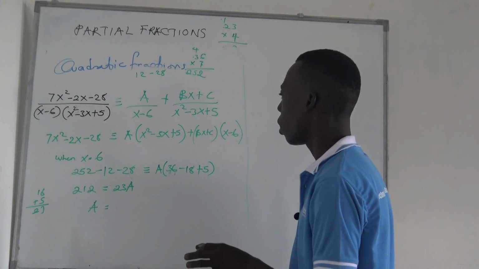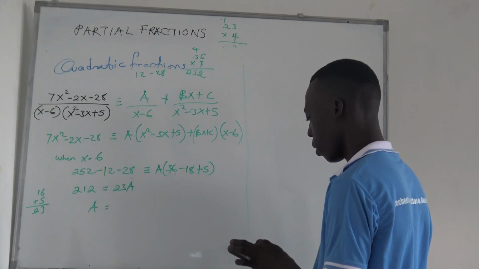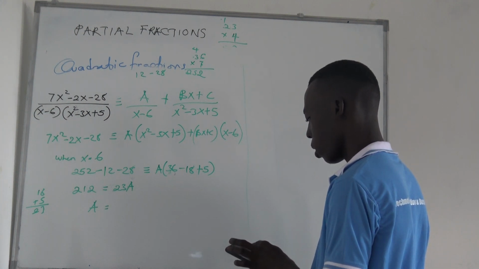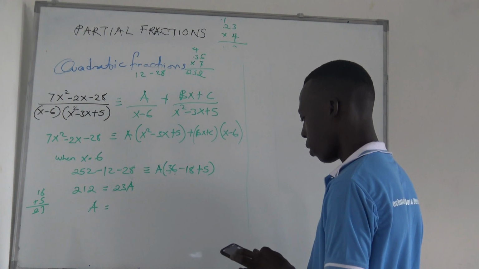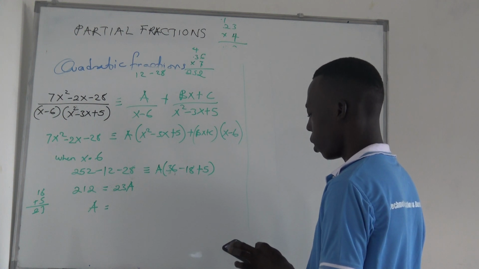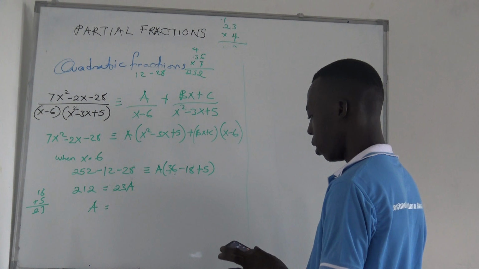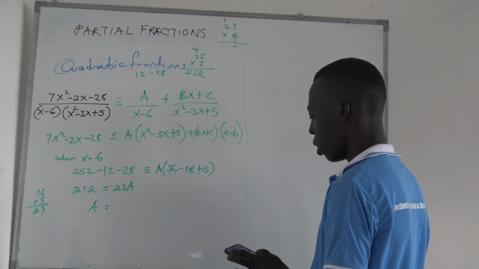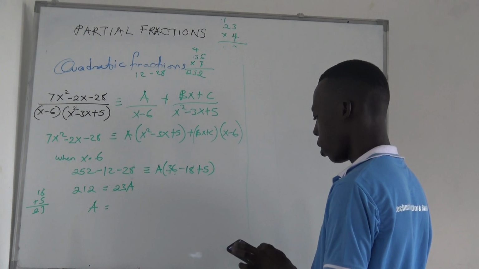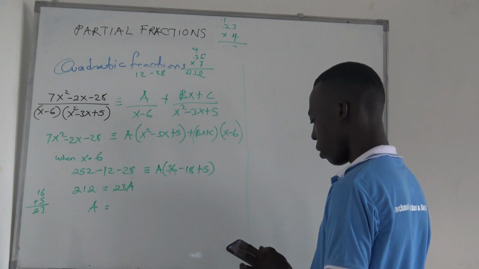Also the other side, 36 minus 18 plus 5.